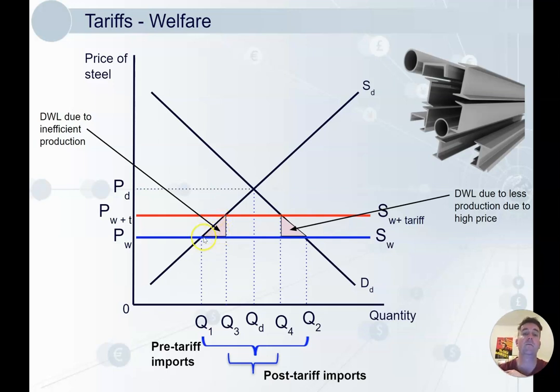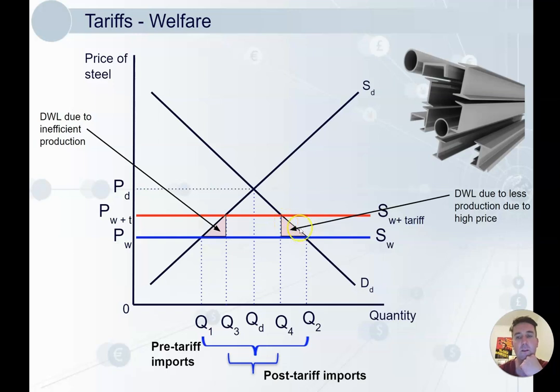So we're now consuming steel that has been produced more inefficiently. So that's not good, right? That's a loss to society. To be as efficient as possible, we should be consuming the steel that's produced most efficiently.